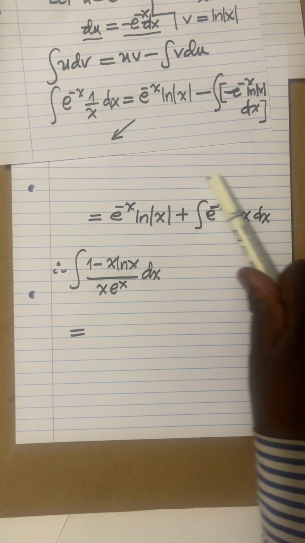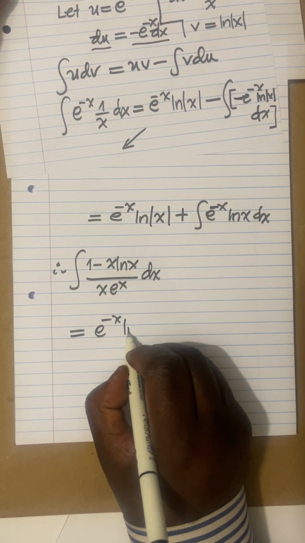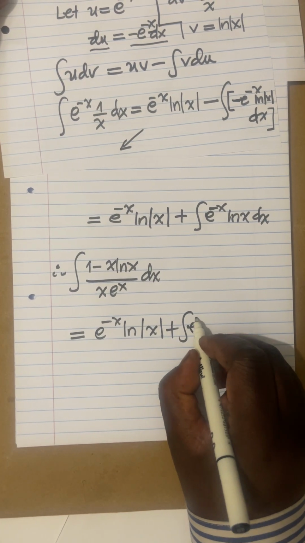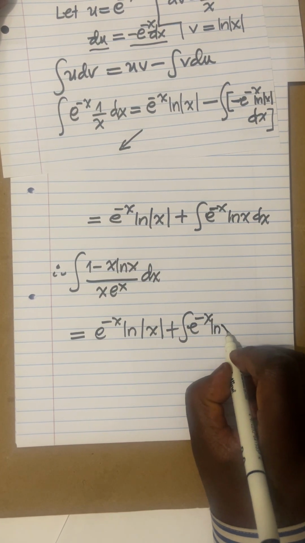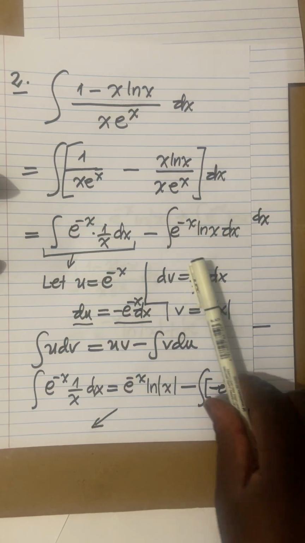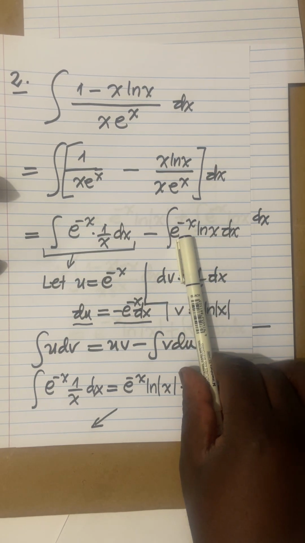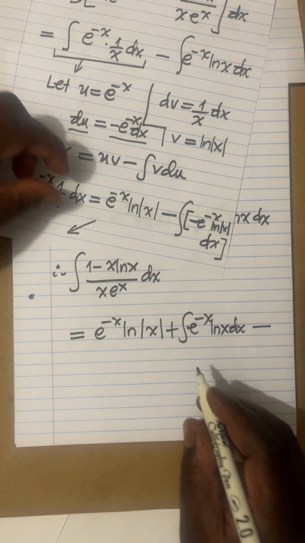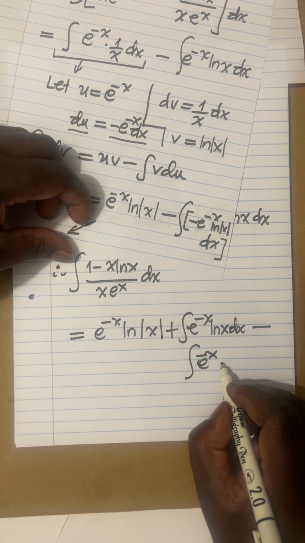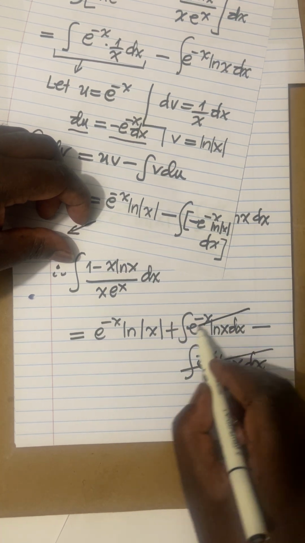Well, here it is: e to the minus x natural log of x, plus the integral of e to the minus x natural log of x dx, minus, take note, minus this part here, which again is the integral of e to the minus x natural log of x dx. And clearly you can see that this cancels that.